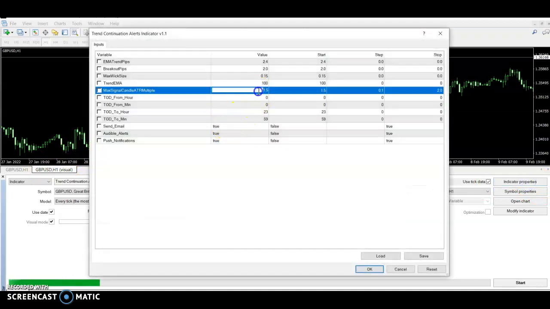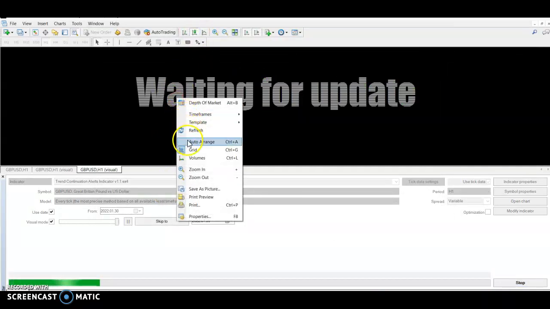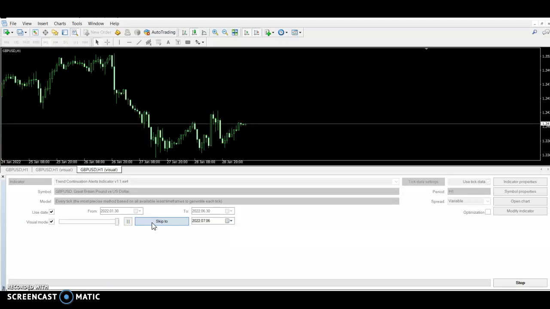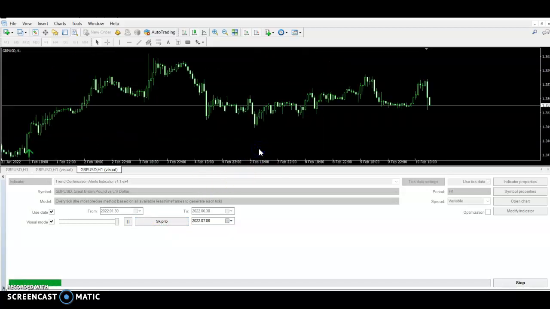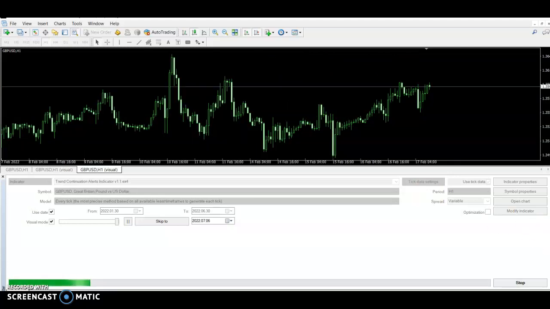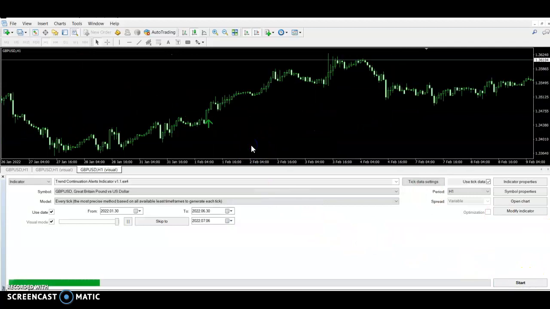So if we change this to 5, and do exactly the same thing again here, and then wait till we've got a couple of weeks. There we go. Obviously you would let this go for longer if you wanted to check it.